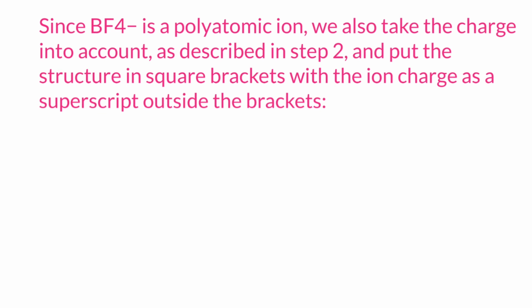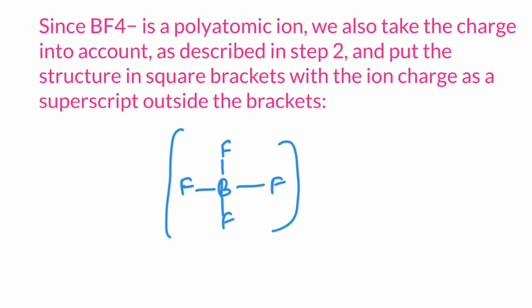It means the charge is written outside the bracket. That can be represented like this: B, F, F, F, F, in a whole square bracket, and put the charge as a superscript. This is one negative charge. This is the complete representation for BF4 minus.